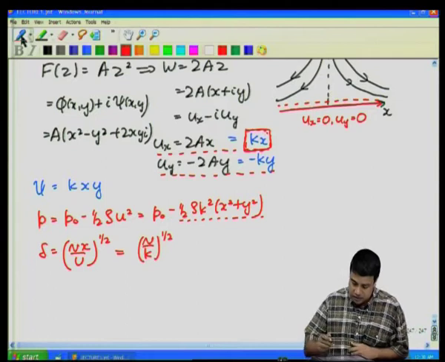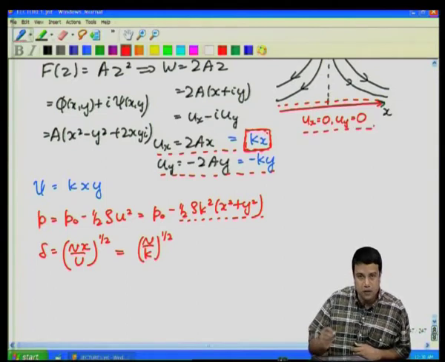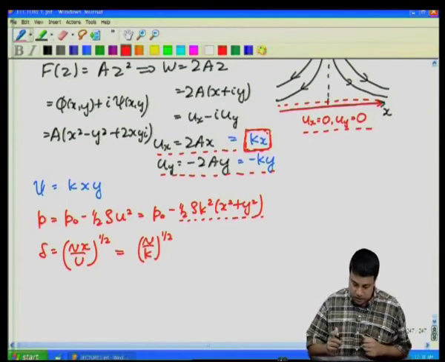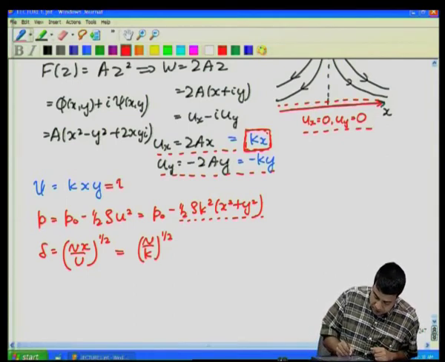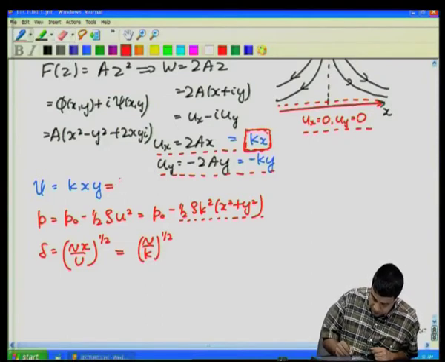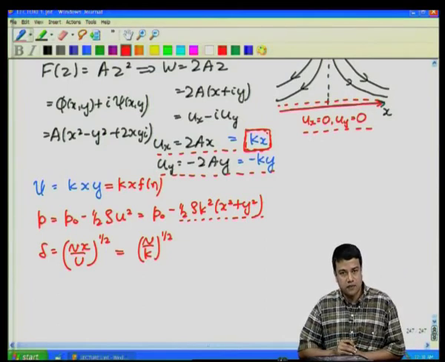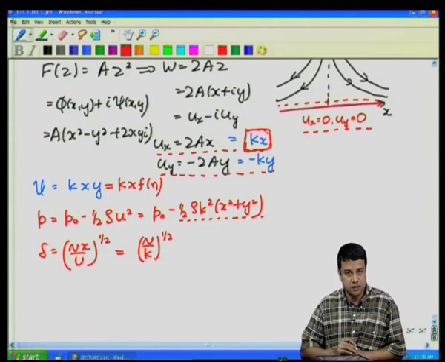So, at the surface itself, I need to be able to satisfy u x is equal to 0 and u y is equal to 0. So, I modify this as psi is equal to k x times f of eta. You require that f of eta has to go to y as y goes to infinity.